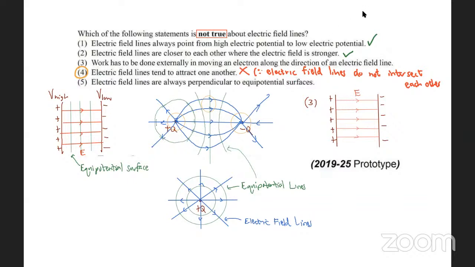Moving an electron along the direction of the electric field means the electron has to be moved from here to here, right? Electron is a negative charge. Will it be easy for the electron to move from there to there? No, right? Why? The electron will always be repelled away from the negatively charged plate.